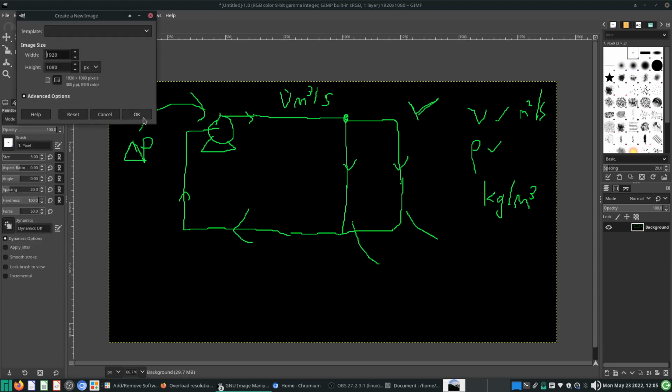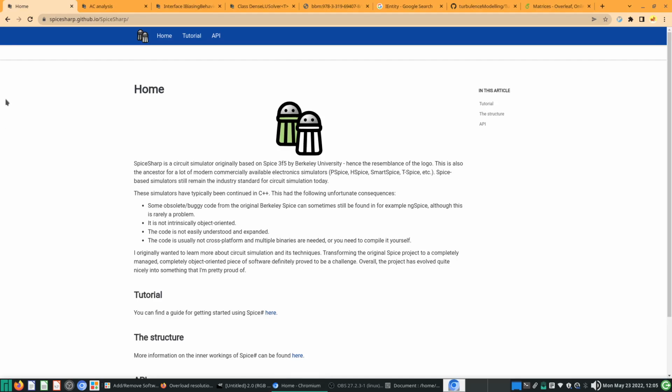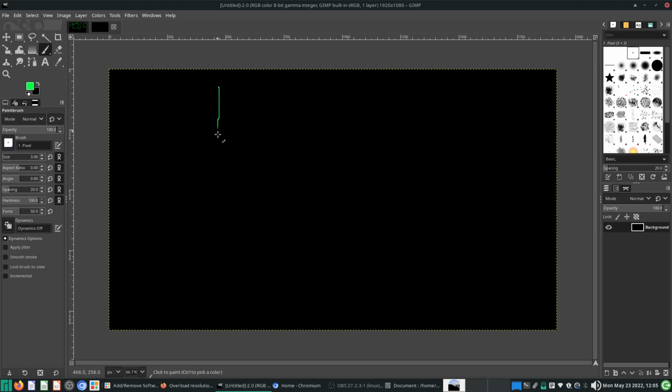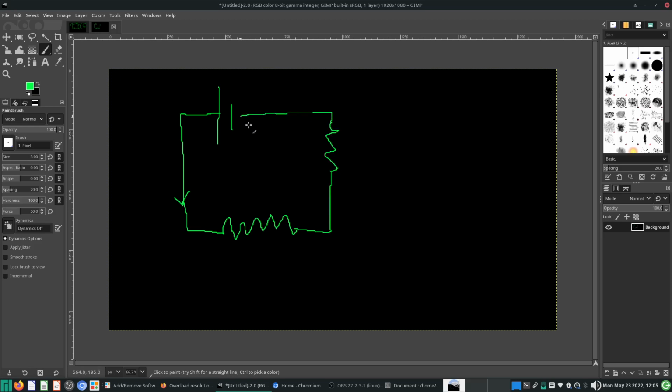This is where SpiceSharp comes in. SpiceSharp is a circuit simulator, and that's the idea I am exploring now. Within circuits you have a battery, and the current flows through a resistor. Resistors form a node and network kind of model, so you use Kirchhoff's current law to solve for the voltages across each resistor.